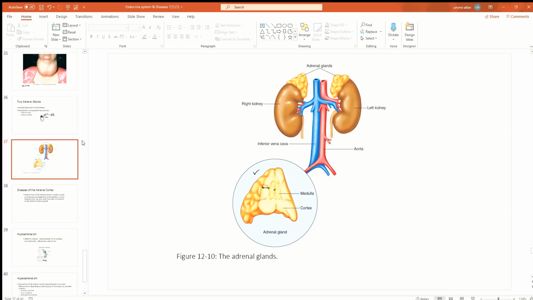So cortex has three layers, right? 1, 2, and this is third layer 3. And these 3 layers produce 3 types of hormones.